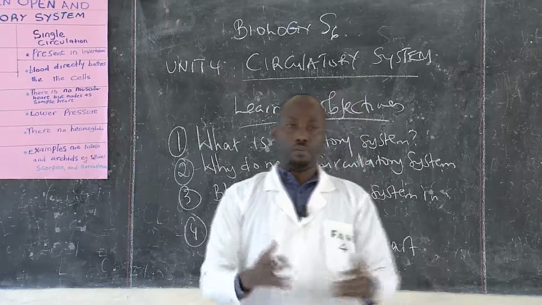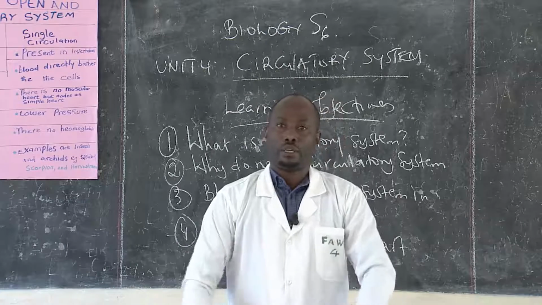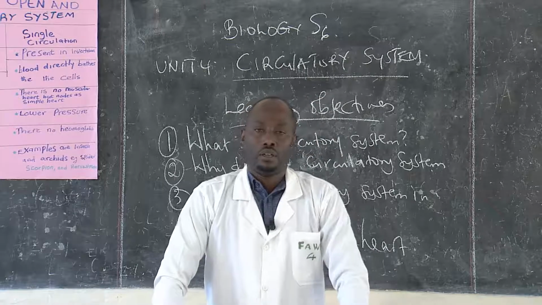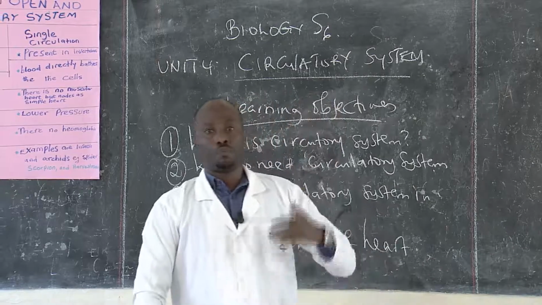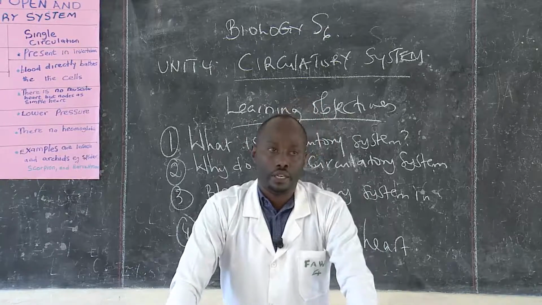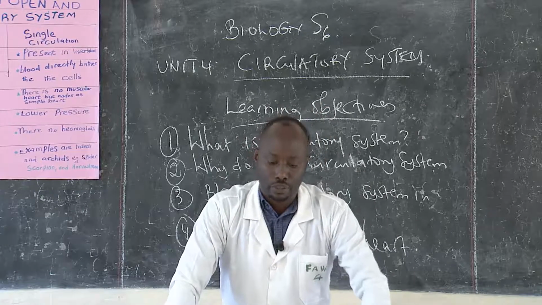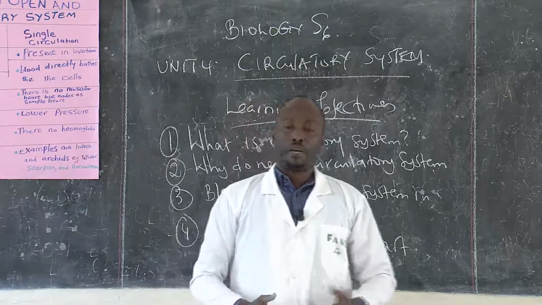Take some minutes and think about what you understand by circulatory system. What do you understand by circulatory system? Excellent. Let's talk about the definition. Here is the definition. You can say the circulatory system is also sometimes called the cardiovascular system or the vascular system, the organ system that permits the blood to circulate.